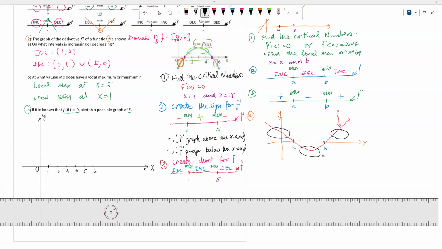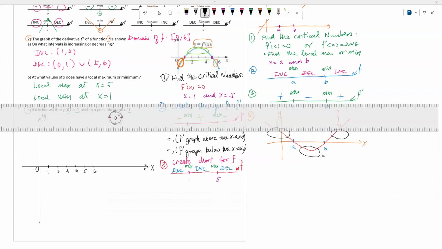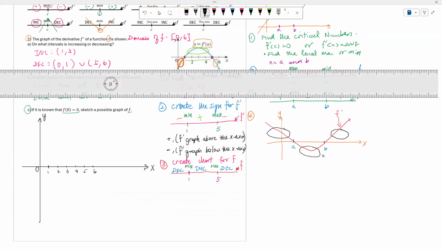Okay. So for this function f right here, let me do this, okay? So again, this one is when I try to graph the function f, okay? Then now I would like to use a vertical dash line for the critical numbers.